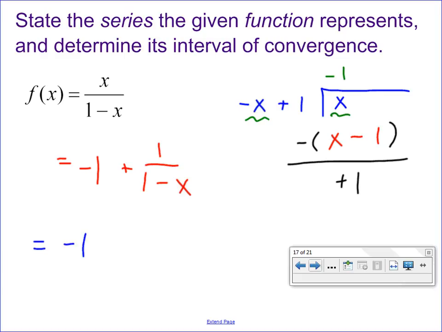So this would be negative 1, ready? Plus the sum from n equals 0 to infinity of, and what is this? Well, this is just my regular plain Jane power series. Yes?